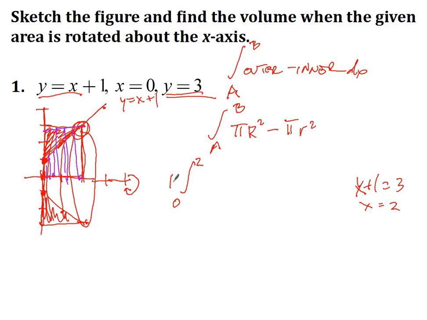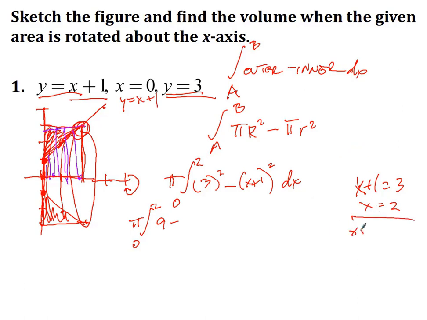And we know we're going to factor out that pi out front. Our big radius is going to be 3, so it's 3 squared, minus, and our little radius, little r, is going to be the function x plus 1. Okay, and this is going to simplify out to be 9 minus, now remember, x plus 1 squared is the same as x plus 1 times x plus 1.